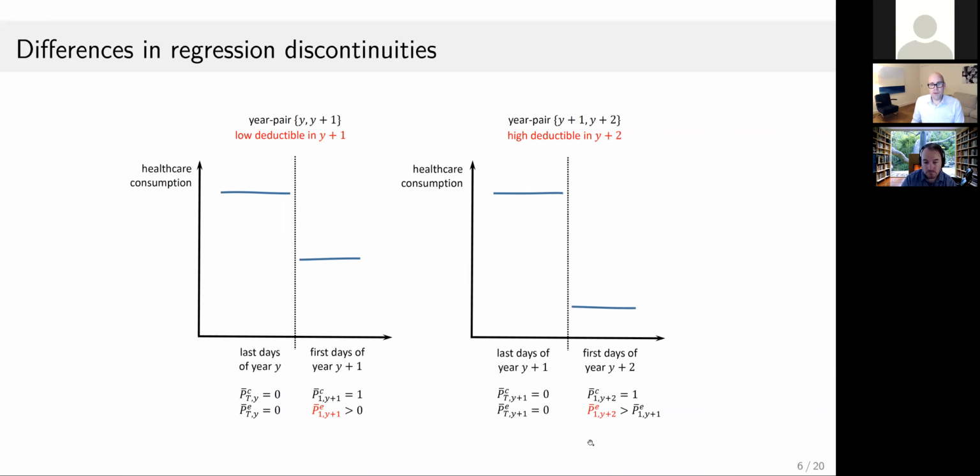And when you compare left to right, under the assumption that I will make very explicit in a couple of slides, that seasonality is the same for all year pairs, the difference in the jump size will be directly related to this future price. And that identifies the effect of dynamic incentives. That is the main idea of our identification strategy here.